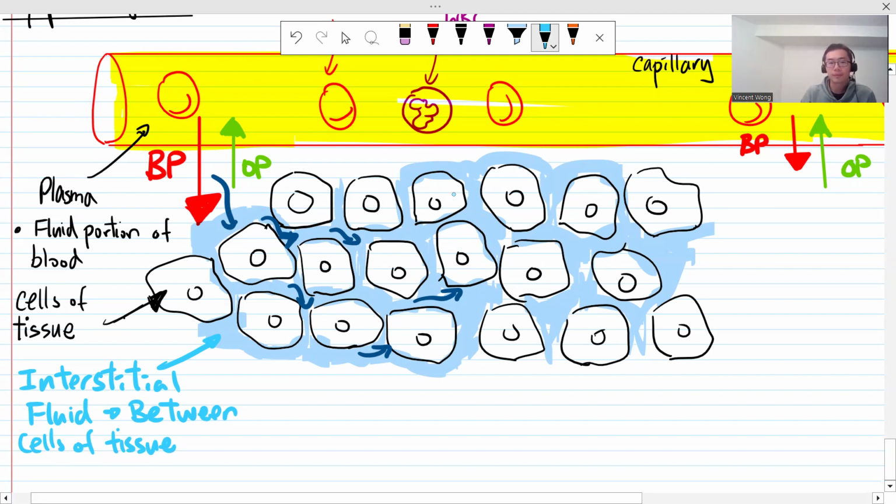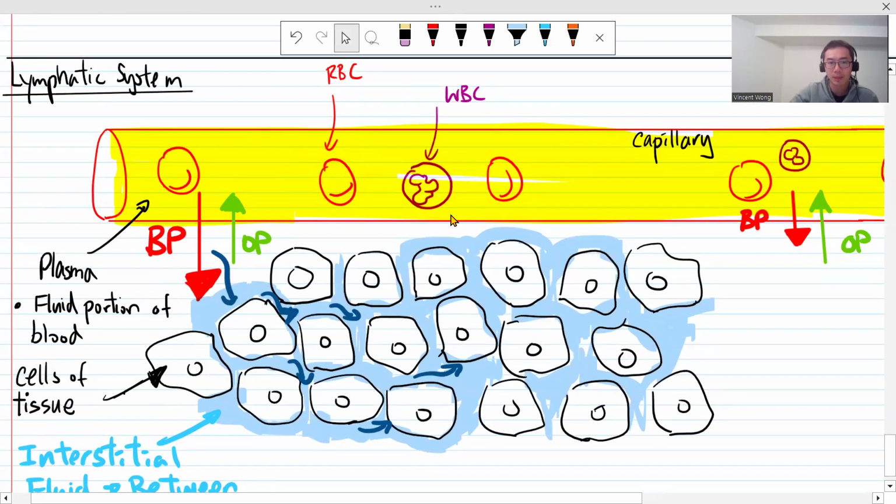Vincent, is this the liquid, the water portion of the plasma coming out? Yes, the fluid portion of the blood is going to come out. That's a good question: is the interstitial fluid the same composition as the plasma? Pretty much, but the ratio is a little bit different, and certainly the proteins will stay in the plasma.